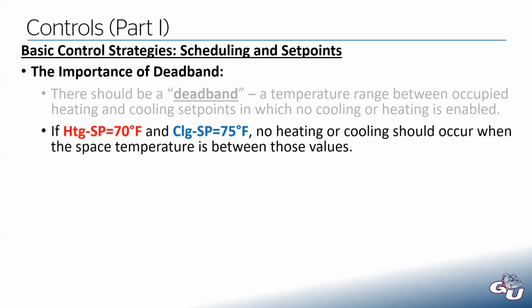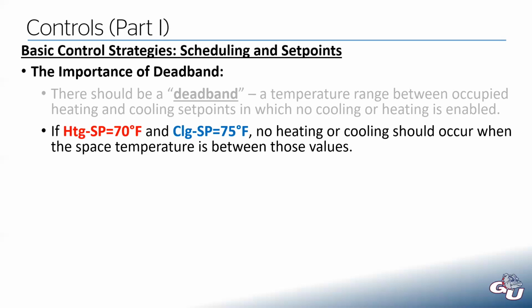To put some numbers to that, if our heating set point is 70 and our cooling set point is 75, then if we are in between 70 and 75, then no heating or cooling should happen.